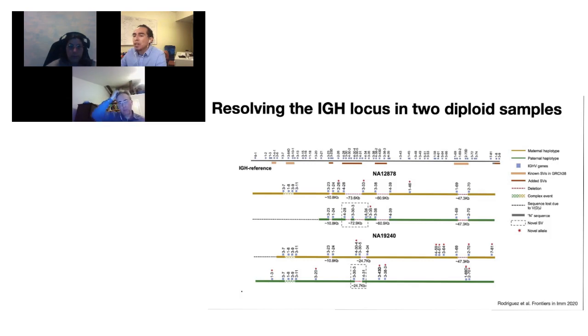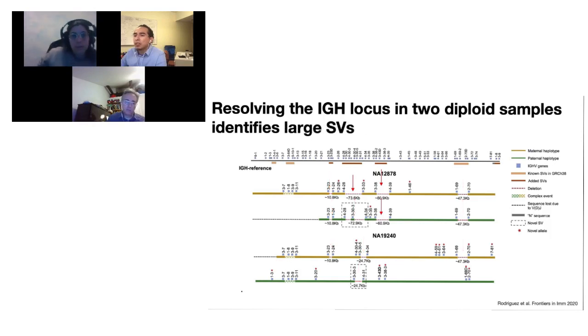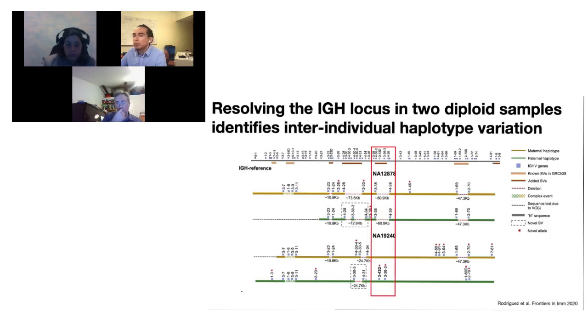The gold haplotype is the maternal haplotype, and the green haplotype is the paternal haplotype. What could clearly be seen is the large number of structural variants present in these samples. Some of these structural variants are relatively large, such as the 74 kb and 61 kb deletions. The structural variants that are boxed off are novel structural variants that were identified in these 2 samples.